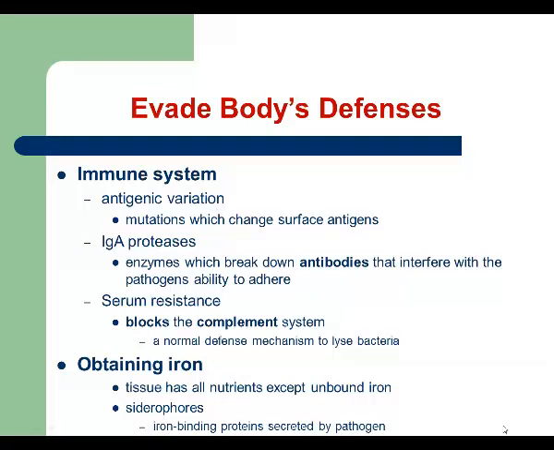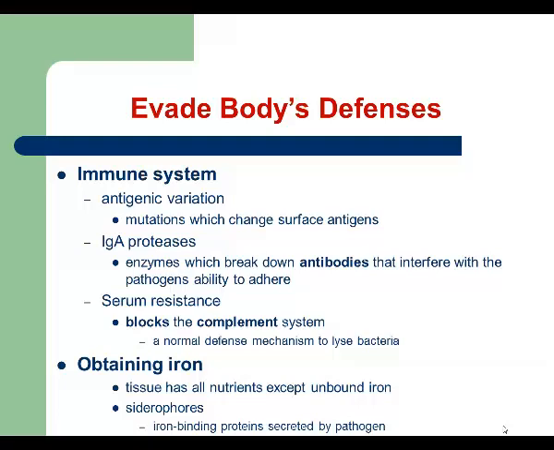What else can pathogens do? Some pathogens can secrete what we call immunoglobulin A proteases. Those are enzymes that destroy immunoglobulin A, and those are antibodies that protect us on the surfaces of the mucous membranes. And the last example, some pathogens are able to block the complement system.